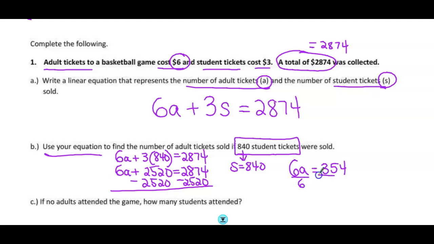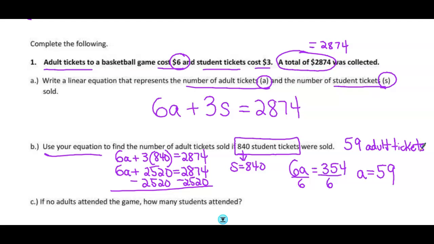And I divide by 6, and I divide by 6, and I get A equals 59. So that means 59 adult tickets. Okay?